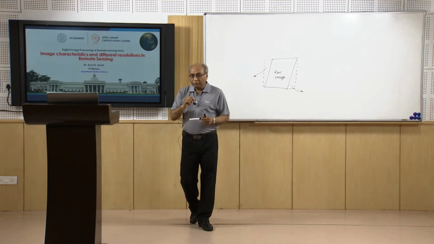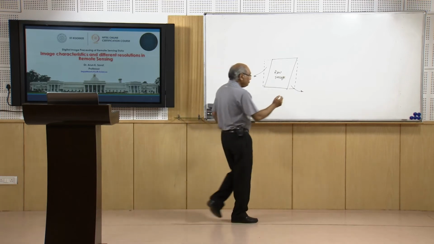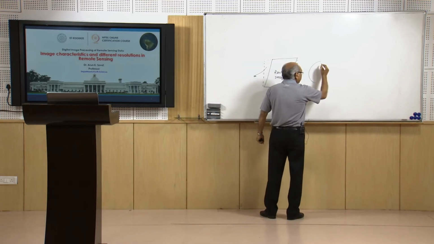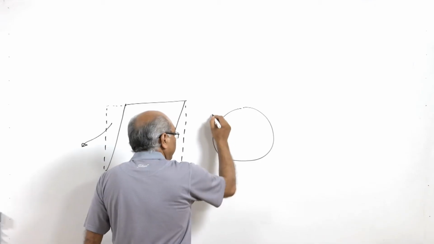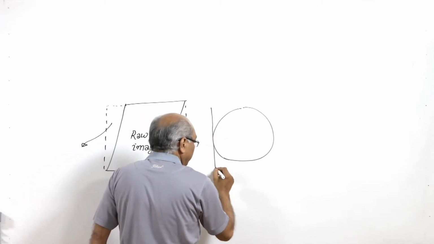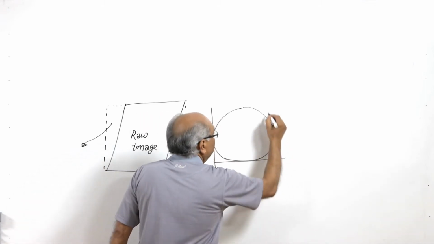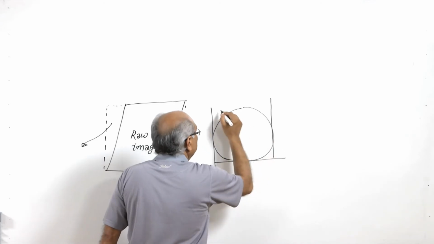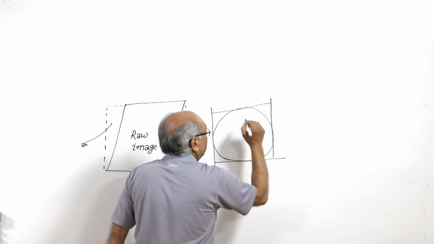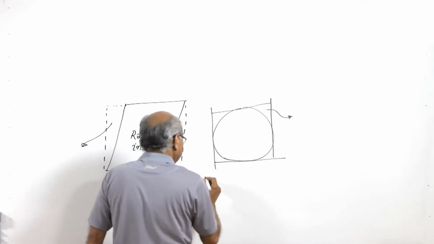This should make it very clear. The same scenario: an image might appear like this, but if you look very carefully, you will find that the image has been stored as a square. So this area will go as no data.